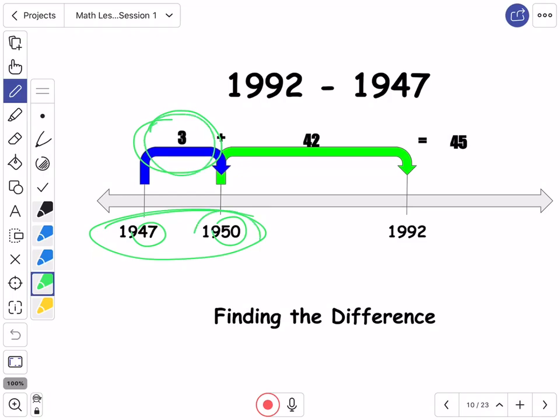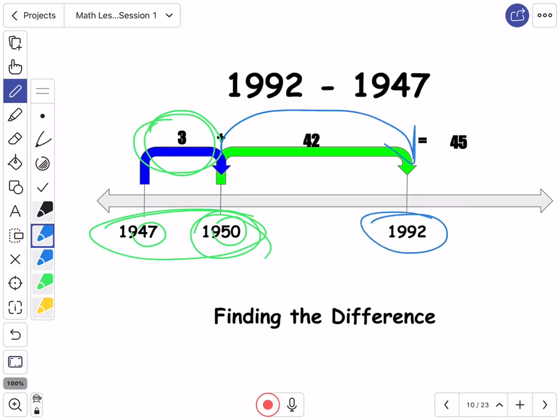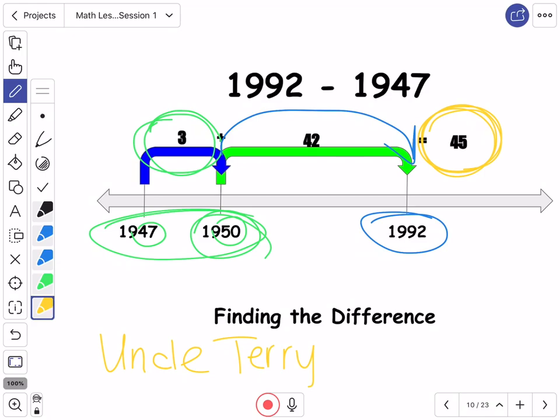So now I'm at an easy, solid number, and it's much easier to jump 42 more spaces to get to 1992. Altogether, I have jumped 45 spaces, which means that Uncle Terry, you can hear my son in the background, sorry, is 45 years old, okay?